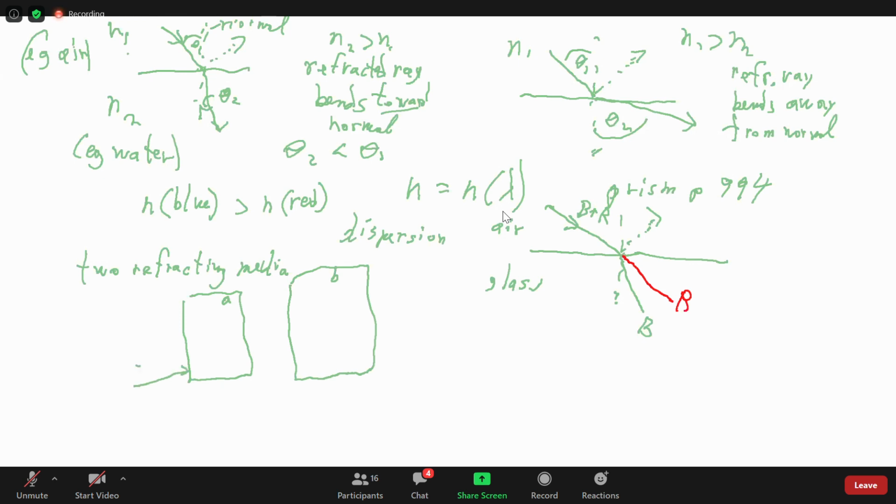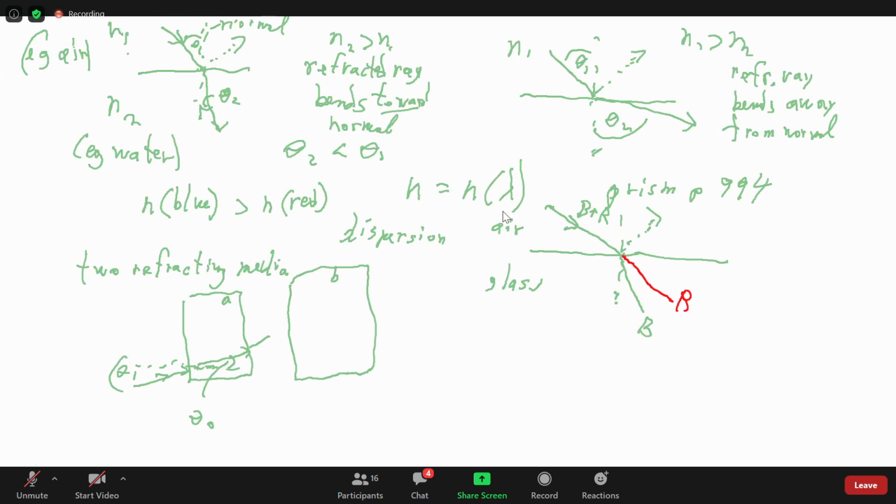So here's the normal. So I have a light ray going in over here. It's going to be refracted. I'll call this angle theta A. Sorry about that, I'm sure you can't read that. In fact, let me not make this theta 1.